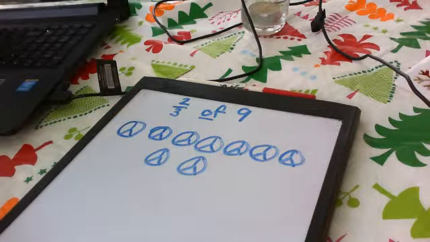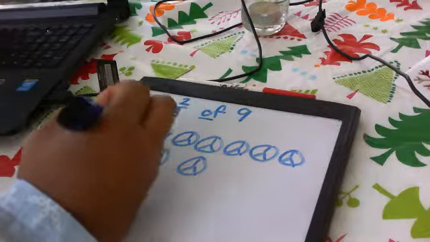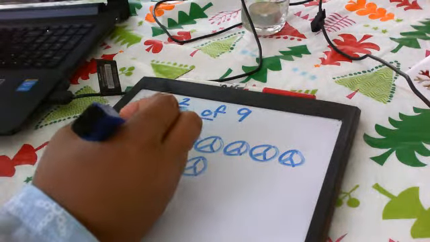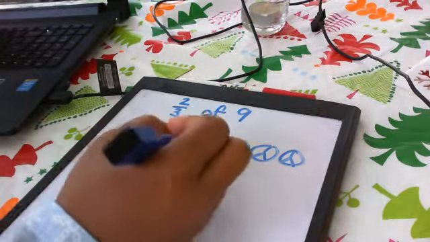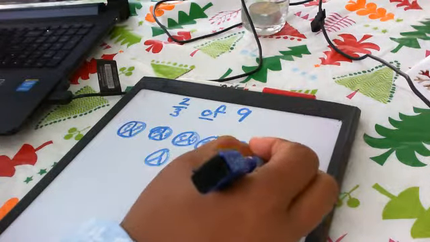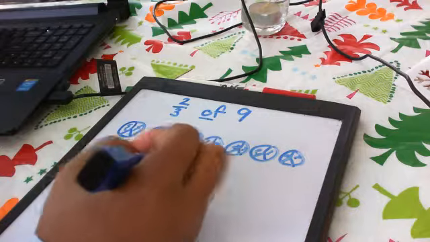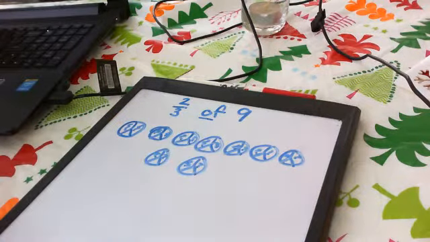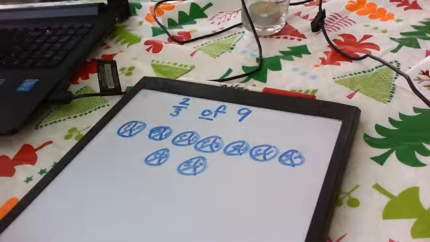Now from each circle, I'm going to take two pieces. So I'm going to take 1, 2, 1, 2, and so on for each circle. Remember, each piece I'm taking is a third because my circles are divided into thirds.